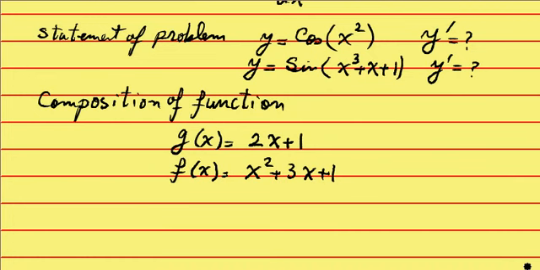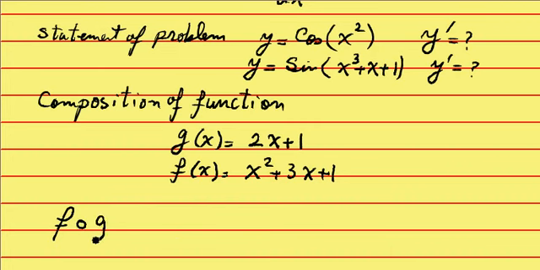If I want to combine these two functions, it means the output of one is going to be used as the input of the other one. What does that mean? Well, sometimes the thing is written in this following notation. Composition of f and g can be done one of two ways.